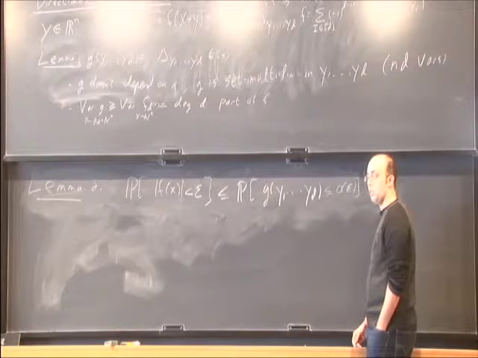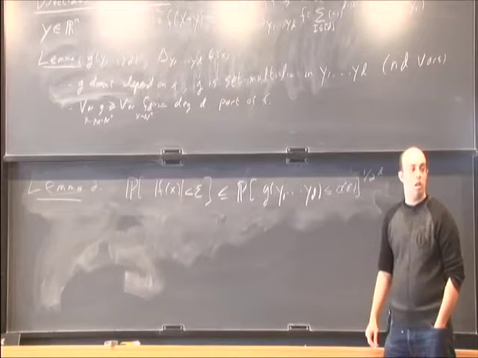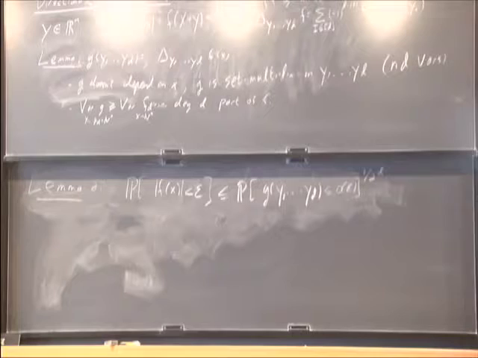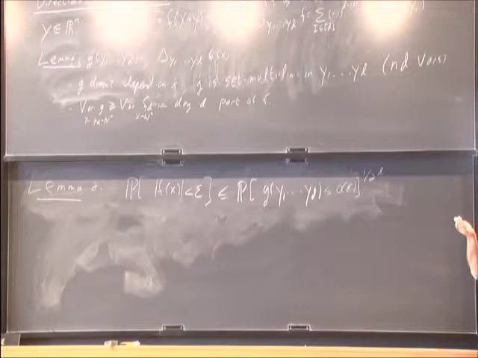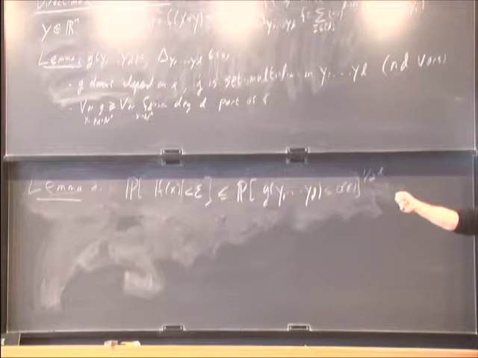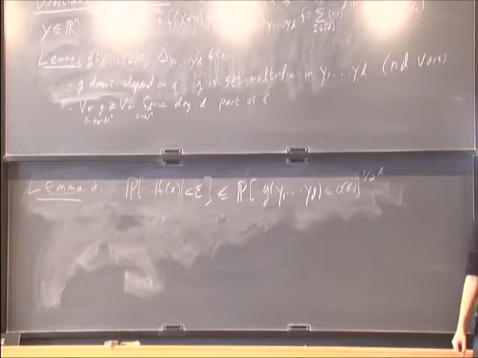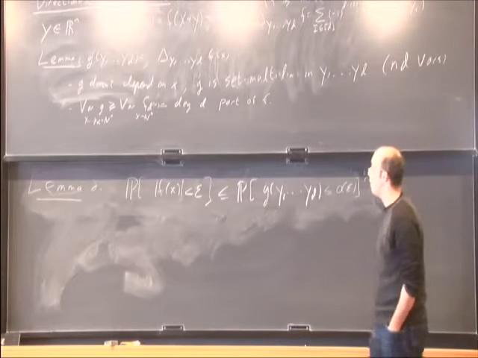We know that for x to the power d, with x normal, the probability of being close to 0 is epsilon to the 1 over d. But that's not set multilinear. Maybe you do the trick that you said: take x, write it as a sum of x1 up to xn. Multilinear, but it won't become set multilinear. I see, you're right. Okay. So I don't know. It's a good question.